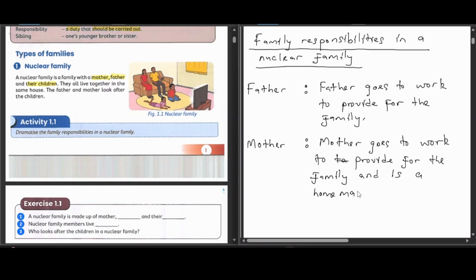So I'm going to explain what a homemaker is. A homemaker is what we used to call housewife. We no longer use that term. A homemaker is the mother who takes care of the home, making sure that the children are well fed, the children have proper clothes, the children attend proper schools, they've done their homework, etc.